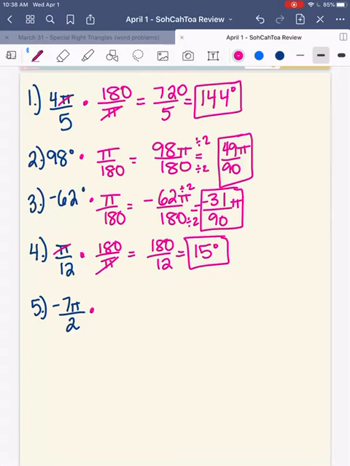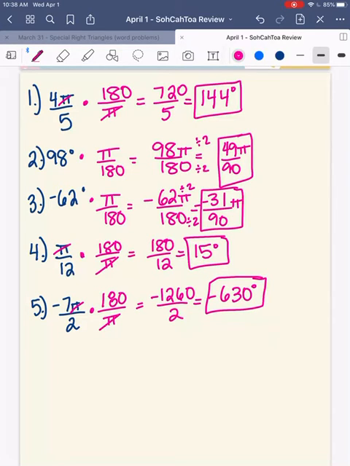All right, and then number 5, we want to convert, so we want to get rid of the pi. So we're going to have negative 1,260 over 2, which gives us negative 630. Now, I'm going to pause right here because some of you added 360 and got negative 270, and then added 360 again, which will give you 90 degrees, and then you circled this.